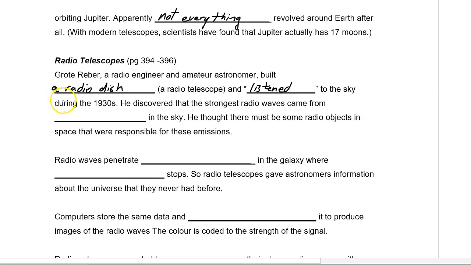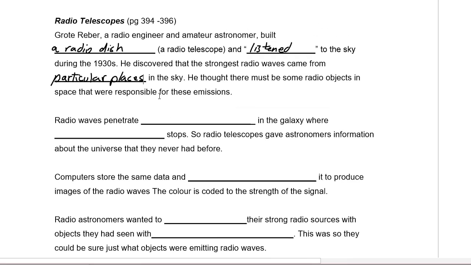During the 1930s, he discovered that there were particular places in the sky where he thought there must be some radio objects in space that were responsible for those emissions.